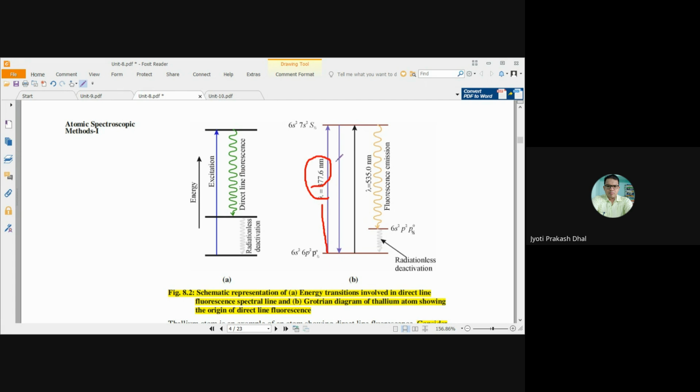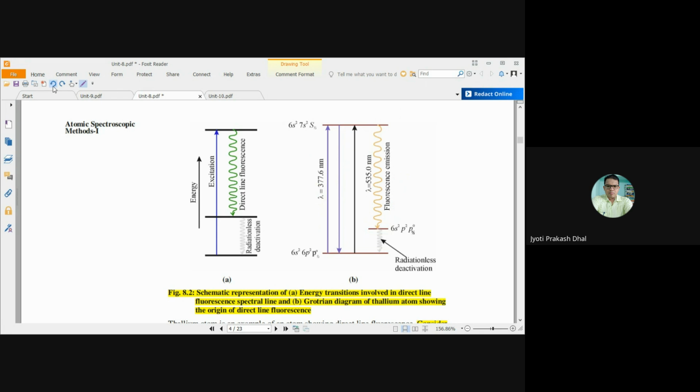If it came back directly from this state to the ground state, that would show resonance fluorescence. But if it comes back from this excited state to some intermediate state, 6s2 6p2, it does so by emitting electromagnetic radiation of wavelength 535 nanometer.